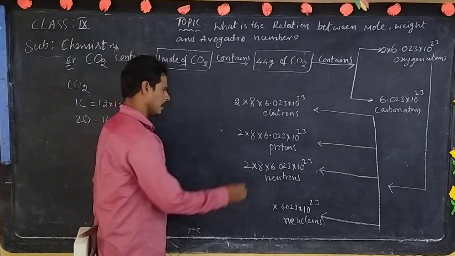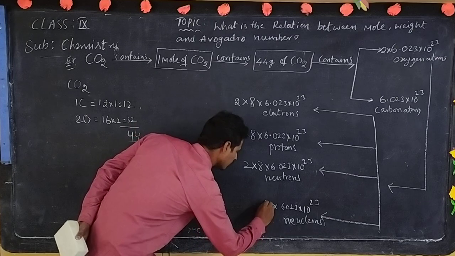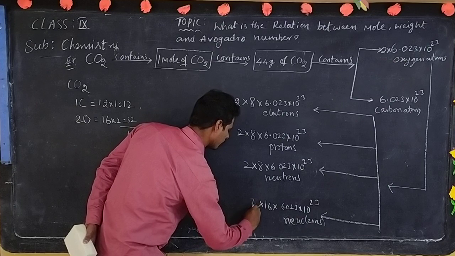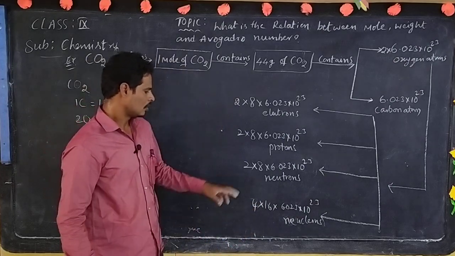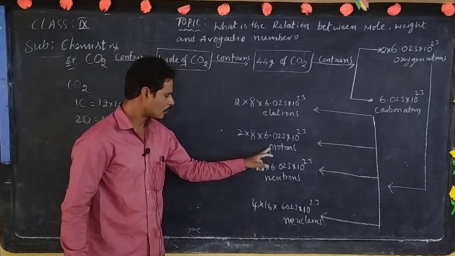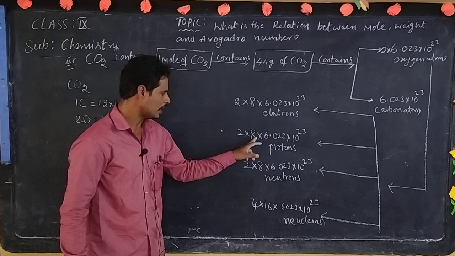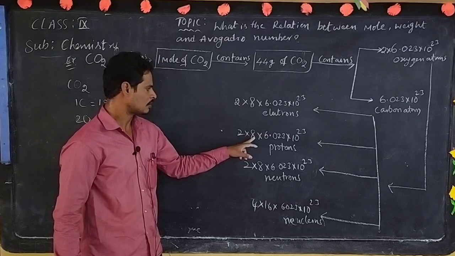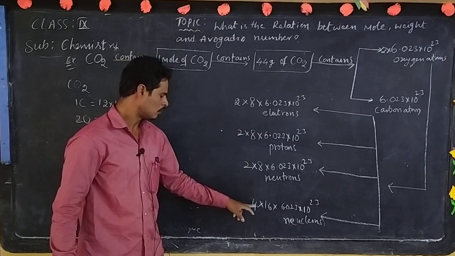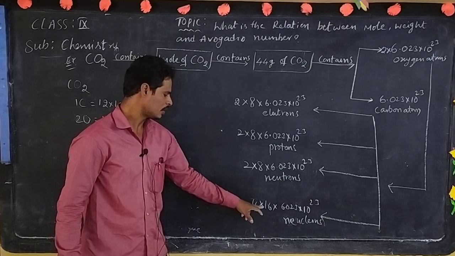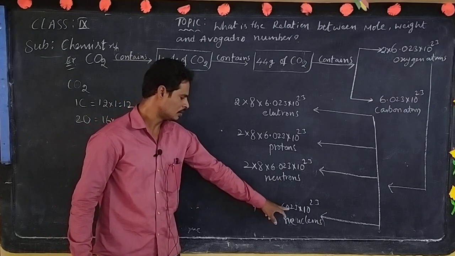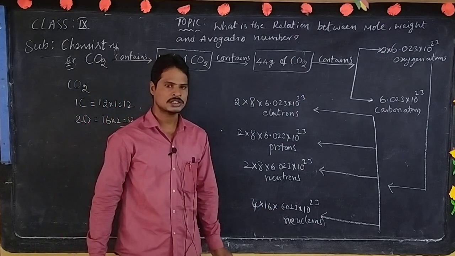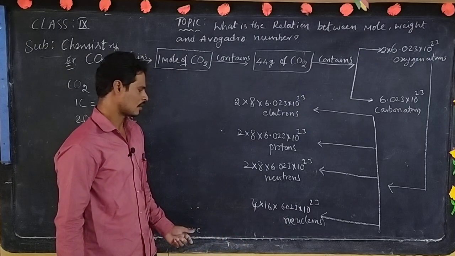Carefully observe: nucleons means the sum of protons and neutrons, so 8 plus 8 equals 16. 1 oxygen equals this one, and 2 oxygens, 2 into 16 into 6.023 into 10 to the power 23 nucleons. What is the meaning of nucleons? Sum of protons and neutrons.